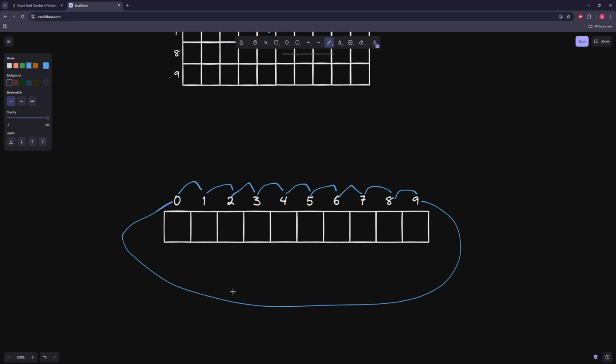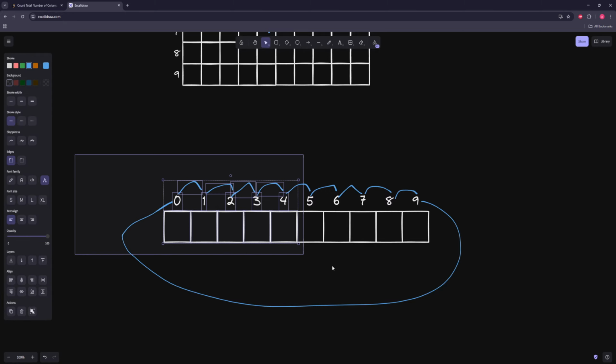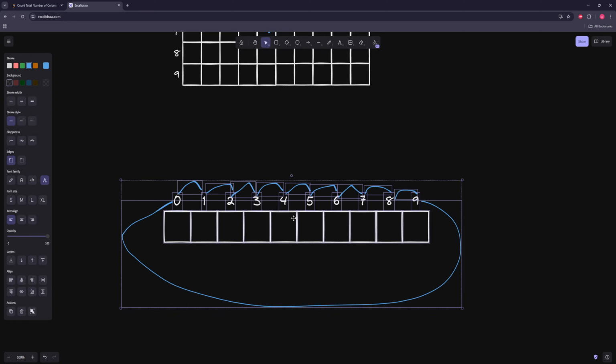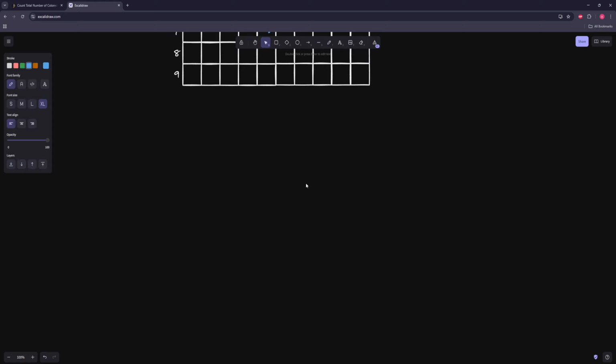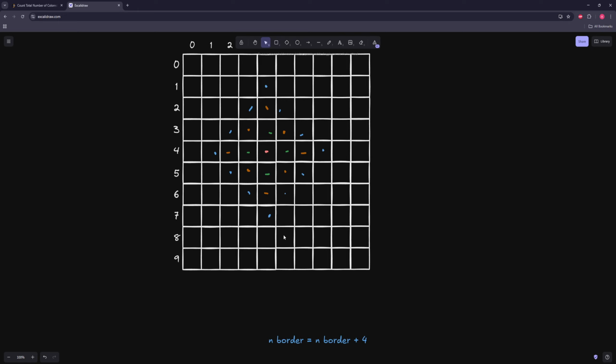So what ends up happening here is basically, if every single pair next to each other shares a new border and there's a circle, then if we have n border cells, we'll get another n border cells, new ones, plus the 4 that are unique, right? So these 4 that aren't shared.